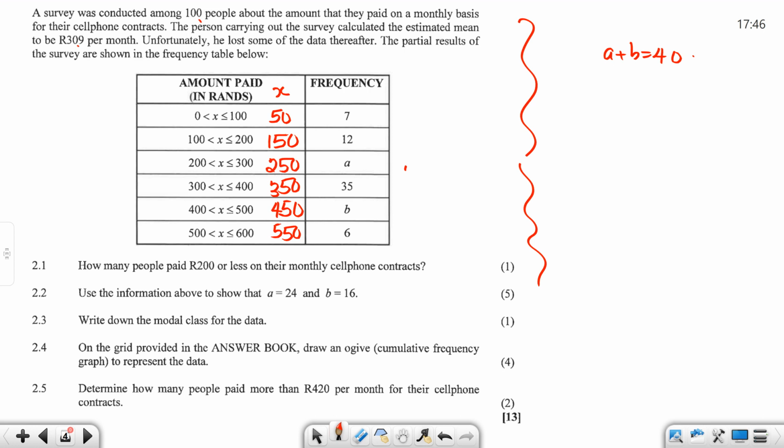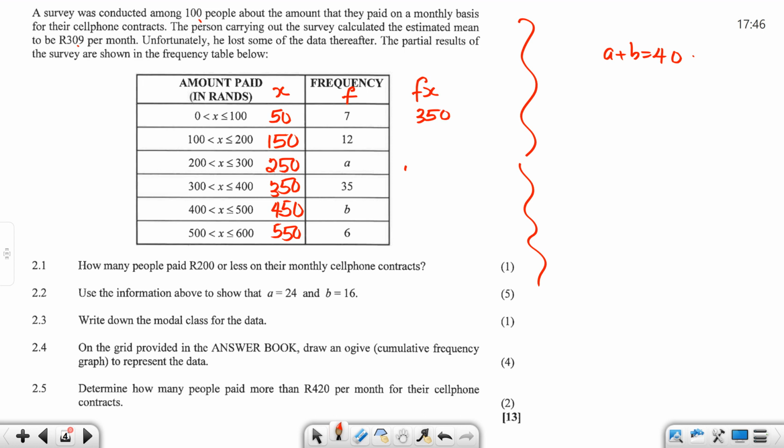Now, I need to teach you how to walk through manually. If I don't want to use a calculator to get my mean, what would I do? I have my X, right? And I have my F times X. All right, let's multiply. 50 times 7. 350. Are you with me? Let's do this together. 150 times 12.